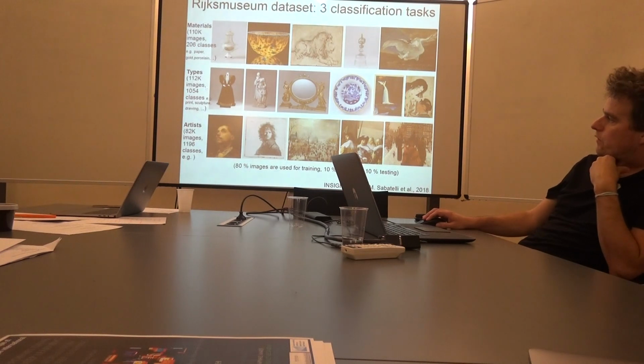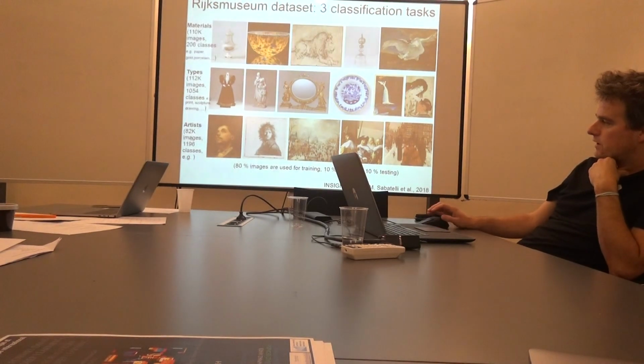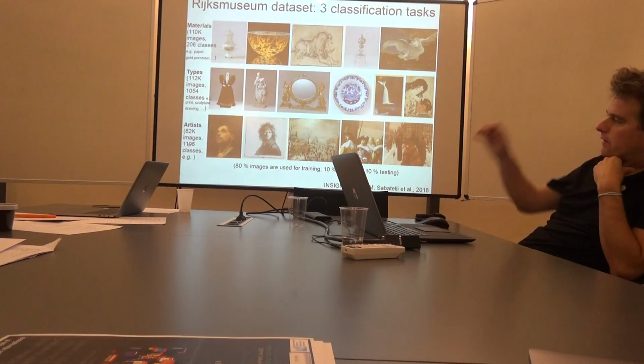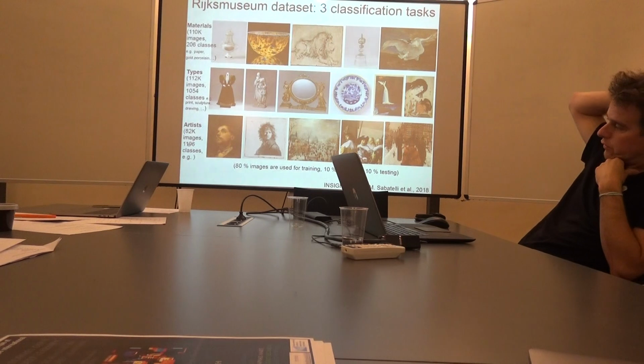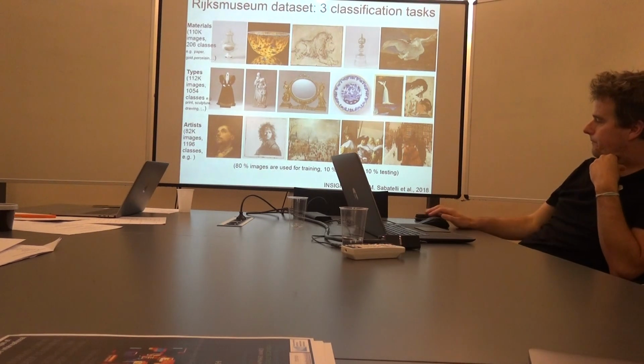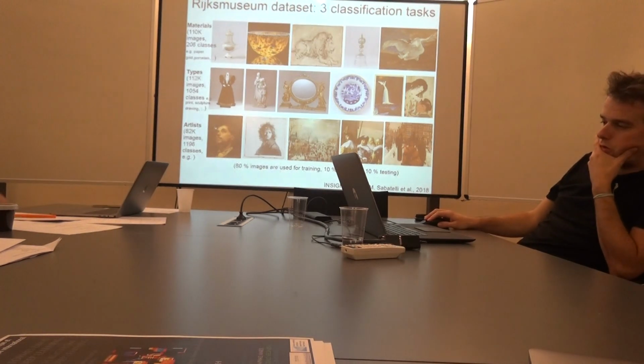So the data set is roughly the same size. And then the last data set he collected is the artist data set. He has about 80,000 images, and each of these images has of course one single artist annotation, and this data set consists of almost 1,200 classes.